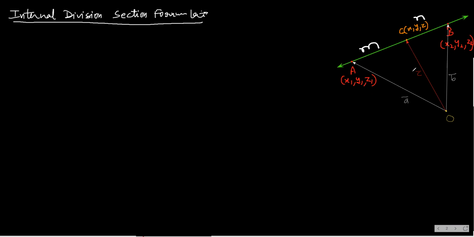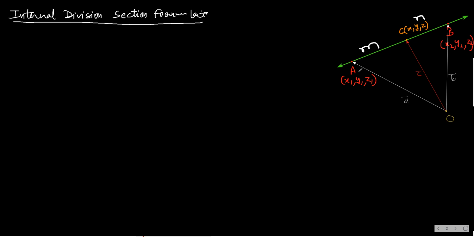You knew the coordinates of A and B, and you found the coordinates of C. Here you will definitely find the coordinates of C, but other than that, you will also find the position vector.